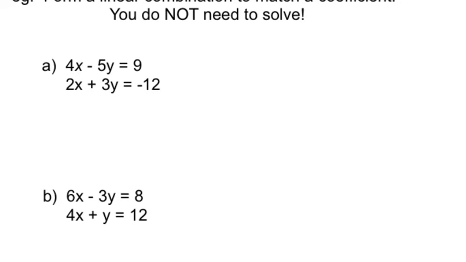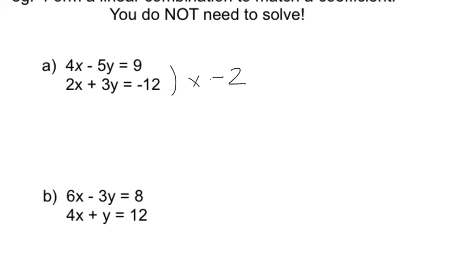Now what I'm going to do in this case is I'm going to take my second equation and multiply the entire equation by -2. Okay, I'm going to multiply the second equation by -2.